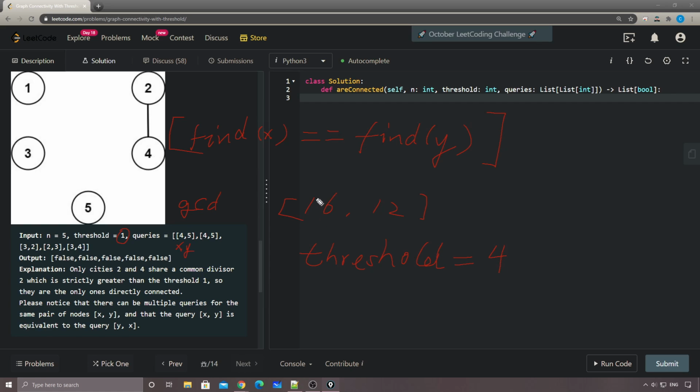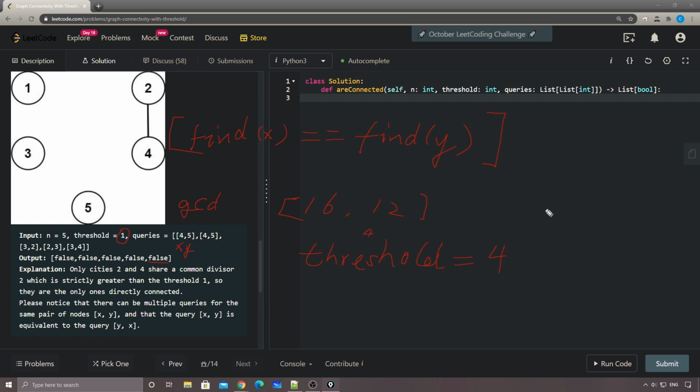So if you're only looking at 16 and 12, the greatest common divisor for this one is 4. So 4 is not greater than 4. So if you're only considering 16 and 12, then this should return false. But it turns out they are somehow connected. So why is that?